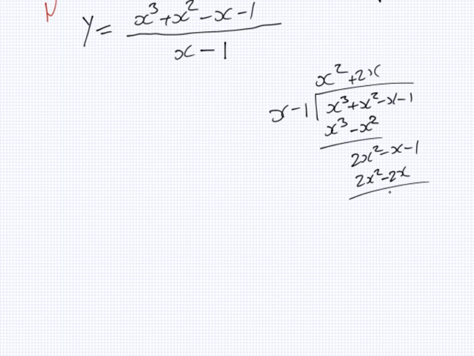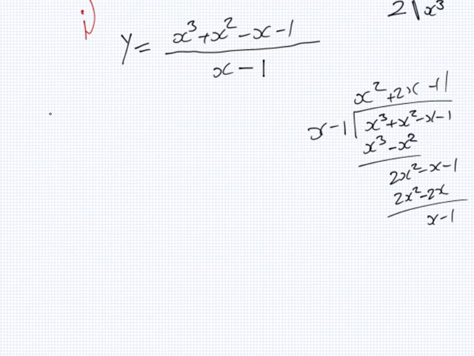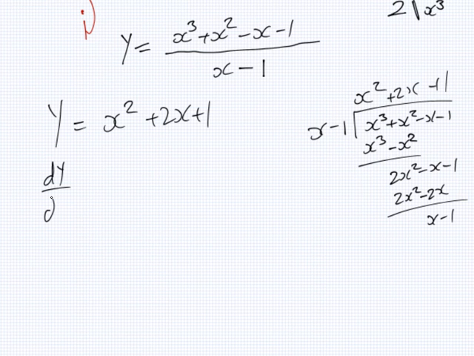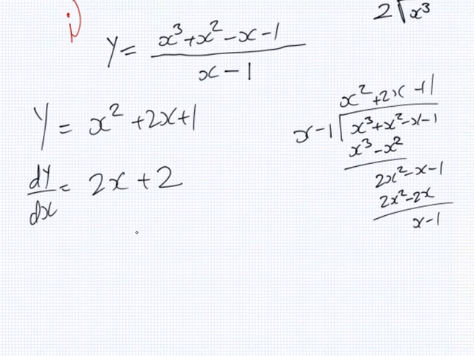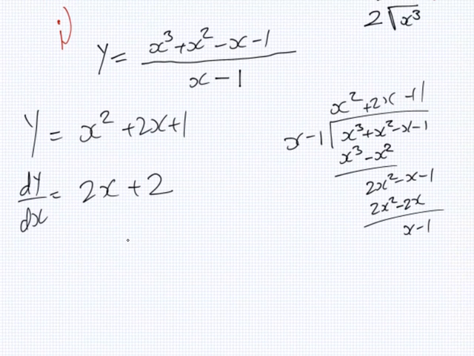Subtracting x minus 1, so that's a 1. So this can be simplified into x squared plus 2x plus 1. And now because I'm adding, I can differentiate. The derivative here is 2x plus 2. Got that?